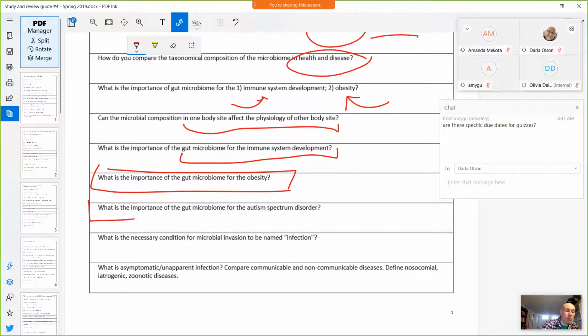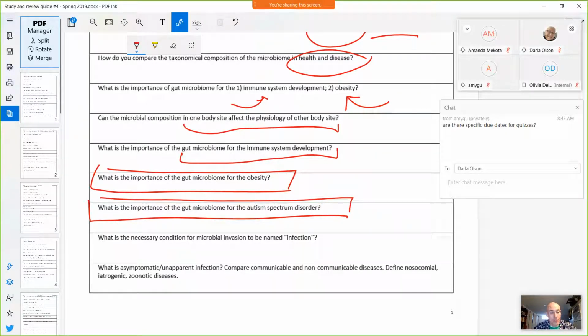Autism spectrum disorder, so it looks like certain probiotic species of bacteria can influence the severity of autism spectrum disorder. So that's that. Look, I'm not going to ask you to dig the internet and give me a comprehensive review of the role of the gut microbiome in autism spectrum disorder, but you have to be aware of things that I talked about in the lecture.